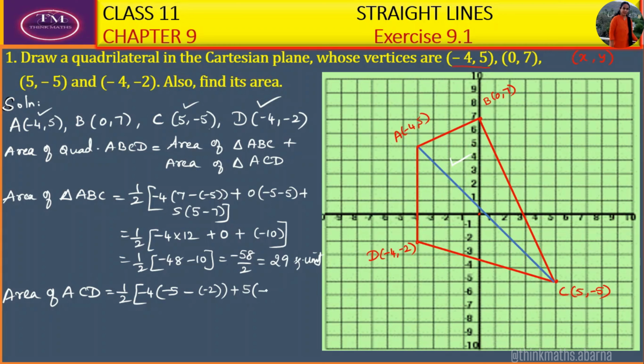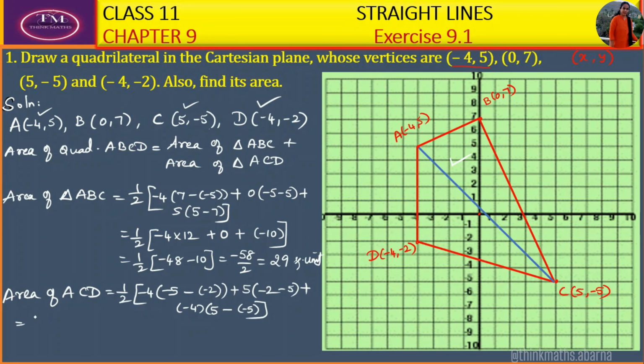So y3 is minus 2 and y1 is minus 5. Plus what is x3? x3 is minus 4 into y1 minus y2. What is y1? It is 5, minus what is y2? It is minus 5.